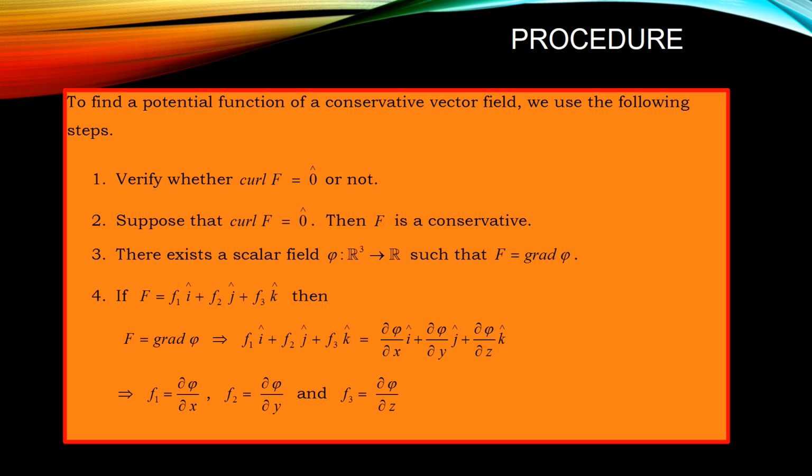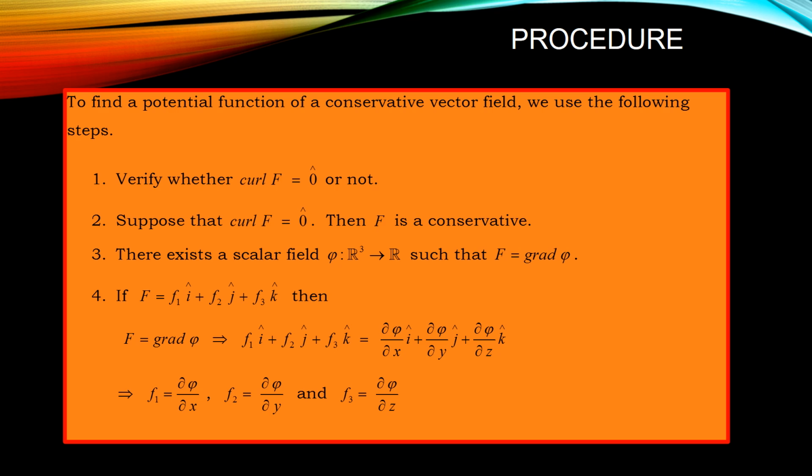F can be written as F equals f1 i cap plus f2 j cap plus f3 k cap. Grad phi equals i cap dou phi by dou x plus j cap dou phi by dou y plus k cap dou phi by dou z.